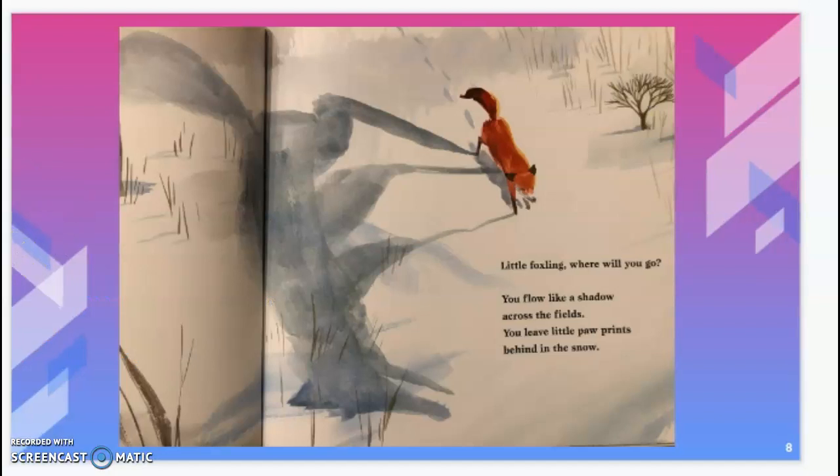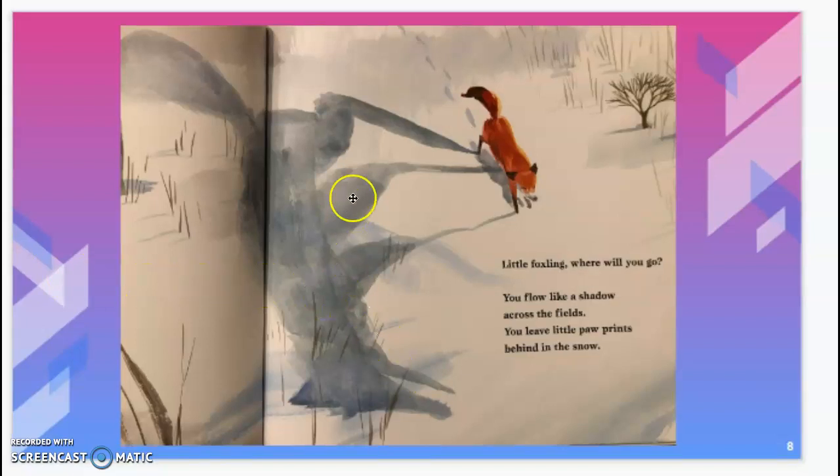In the book Little Fox in the Snow that we read yesterday and last week, we're looking at the illustration right here of the fox walking in the snow. You can tell that there is a big shadow of him right here. And it says, "You flow like a shadow across the fields."